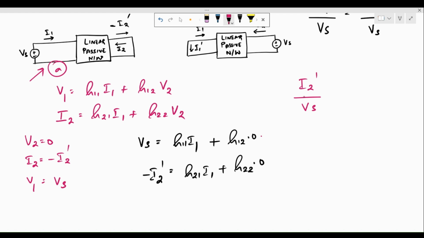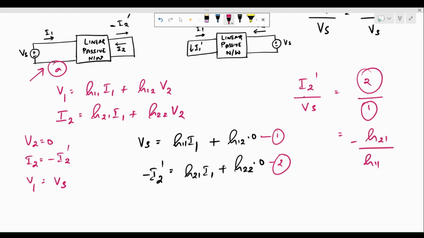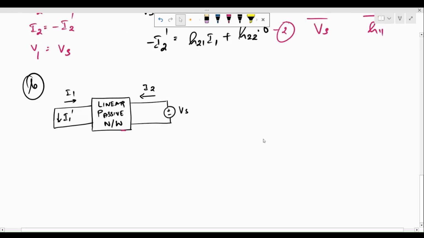To do that, we can just divide the equations. If I call them equations 1 and 2, if I divide equation 2 by equation 1, there's going to be a minus sign which would be taken to the other side. So I'll be getting this as minus of H21 by H11. So that is I2 dash by Vs.